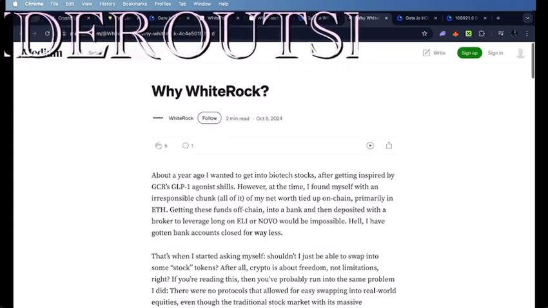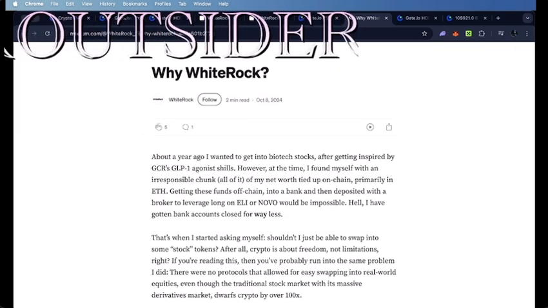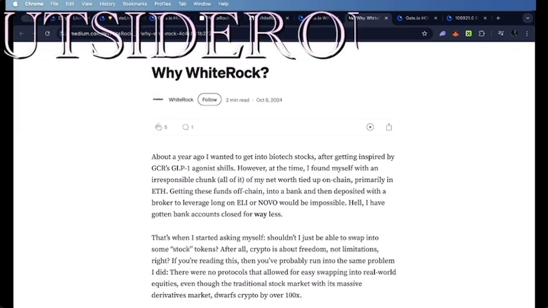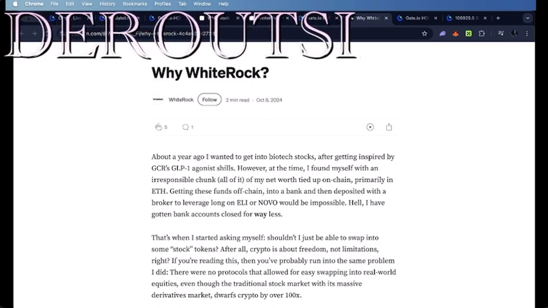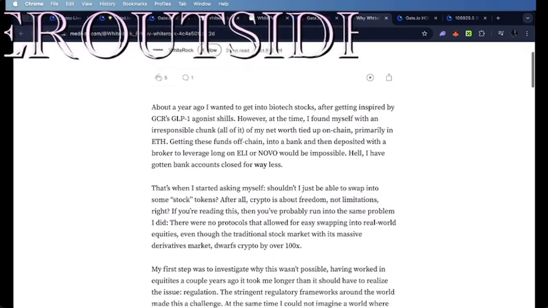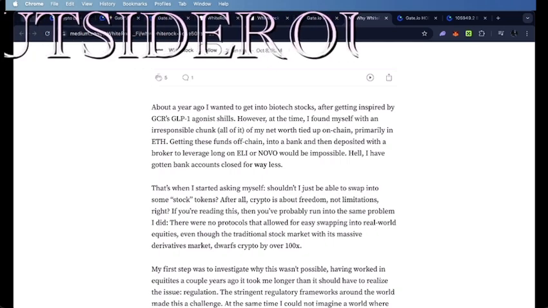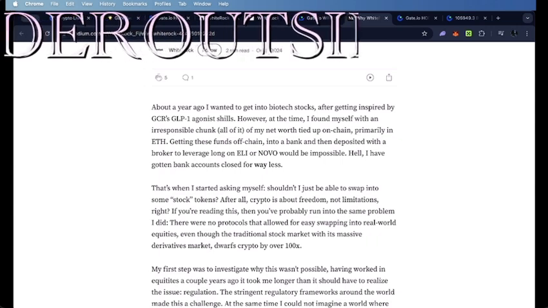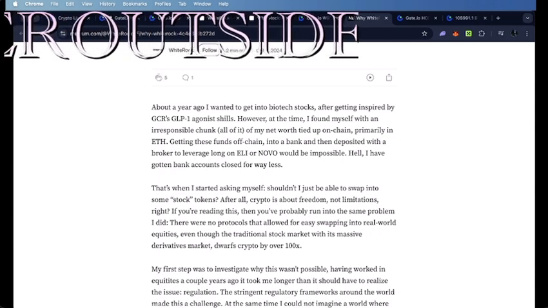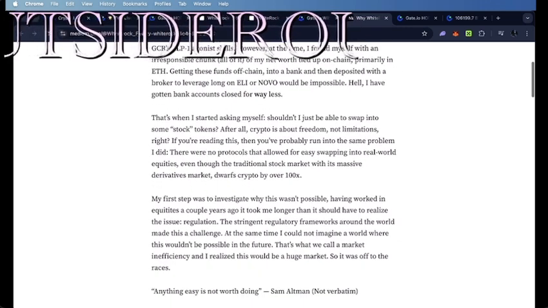However, at the time, I found myself with an irresponsible chunk, all of it, of my net worth tied up on chain, primarily in Ethereum. Getting these funds off chain into a bank and then deposited with a broker to go leveraged long on LLY and Novo would be impossible. Hell, I have gotten bank accounts closed for way less.